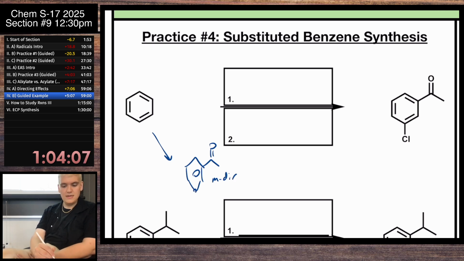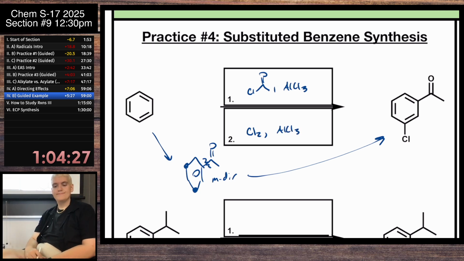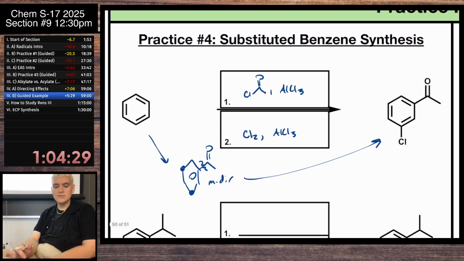It's going to direct right here or right here, and then we add the chlorine. Okay, so we just do our reagents for that. So for the Friedel-Crafts acylation, we do the acid chloride, AlCl3, and then for step 2, we do Cl2 with AlCl3. And it's a similar process for the others.